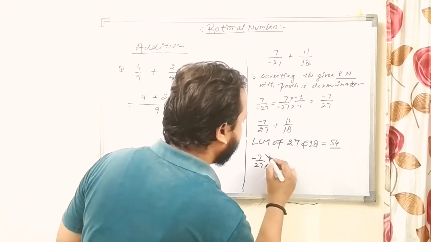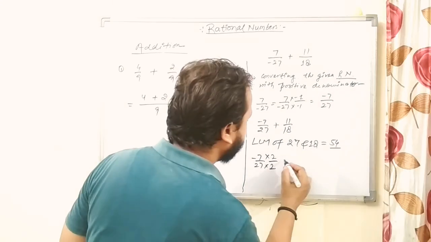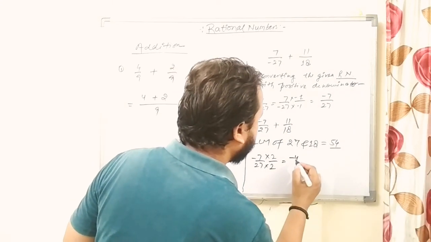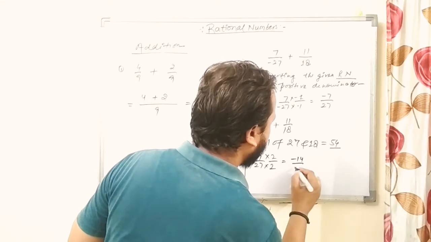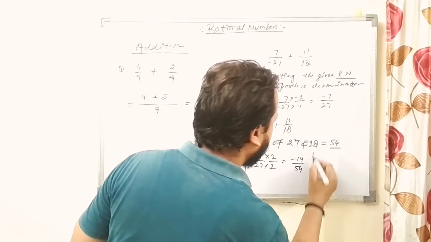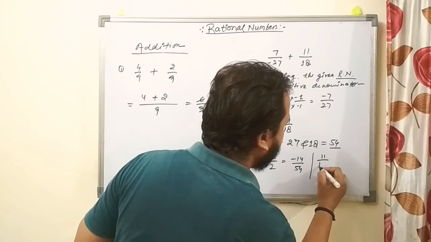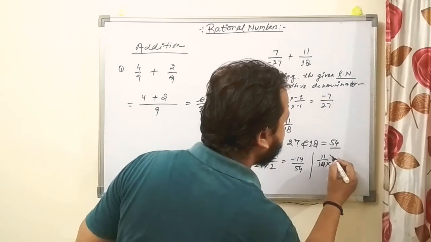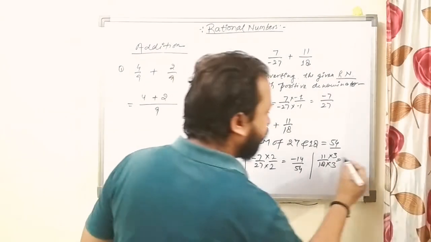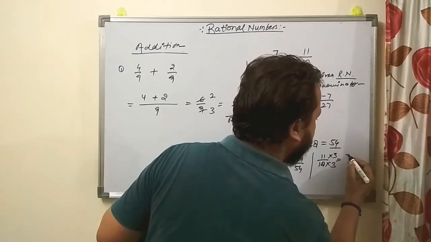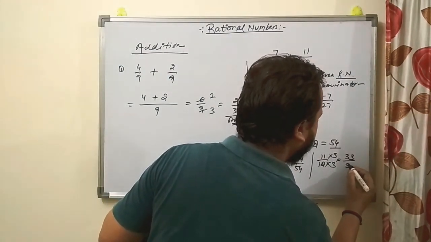So you have to multiply it by 2. That is minus 14 by 54. And second part, 11 by 18, just multiply it by 3 in both numerator and denominator, right? So 11 multiplied by 3 is 33 by 54.